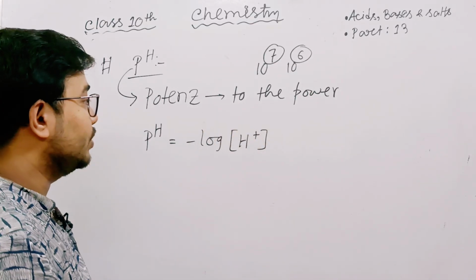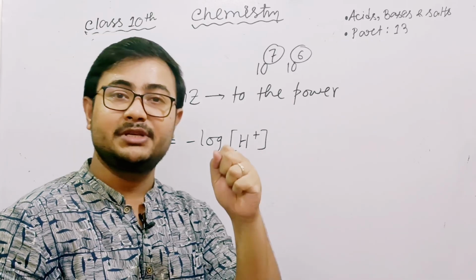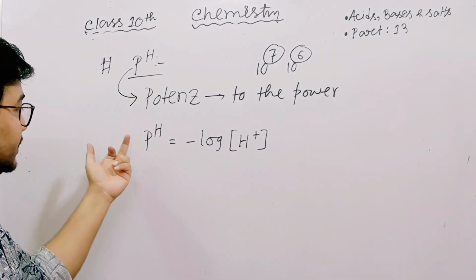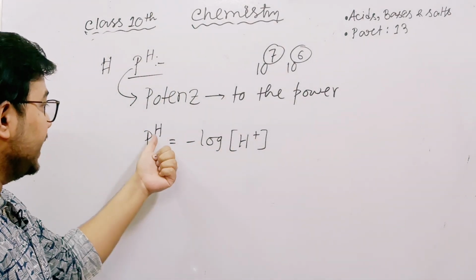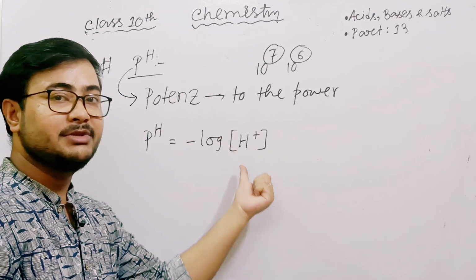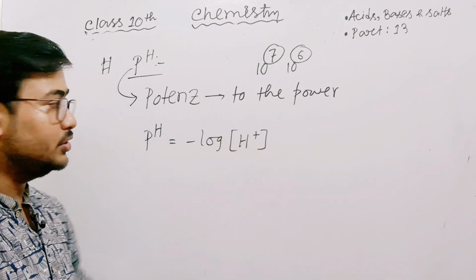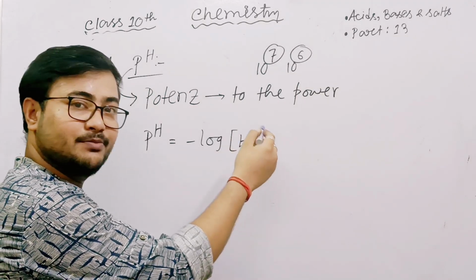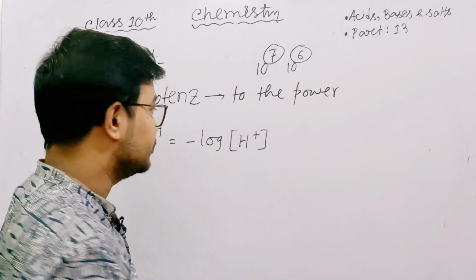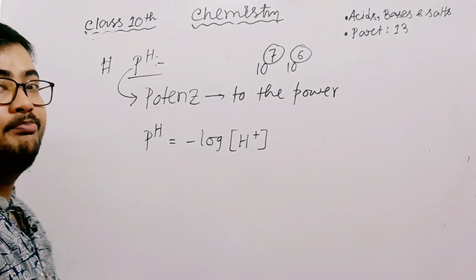I already told you the meaning of the third bracket: it means concentration. So what is pH? P means minus log, third bracket H, which means concentration of H plus. You can also write H3O plus, as I told you. H plus and H3O plus are both the same, so you can write H3O plus also. So this is the pH.